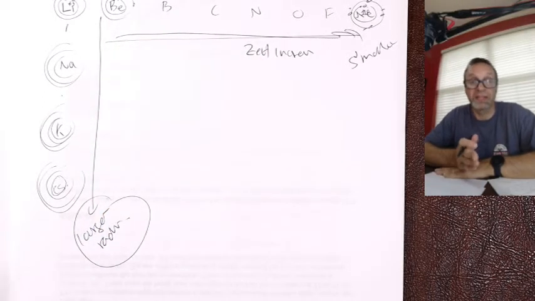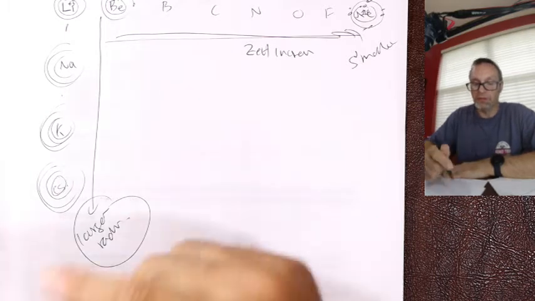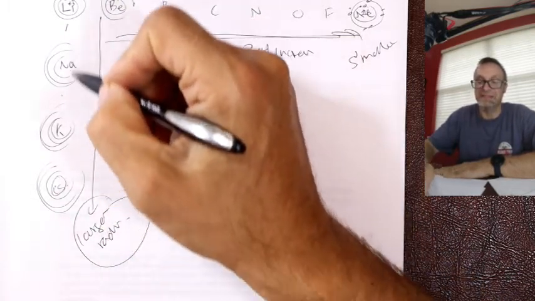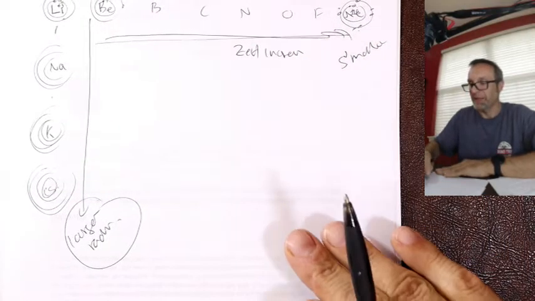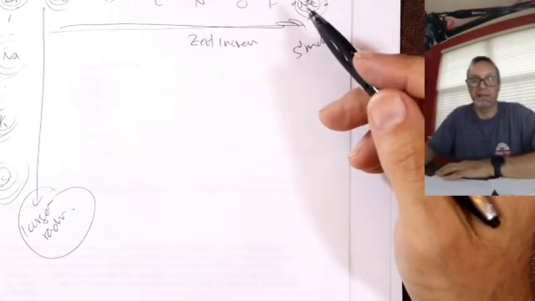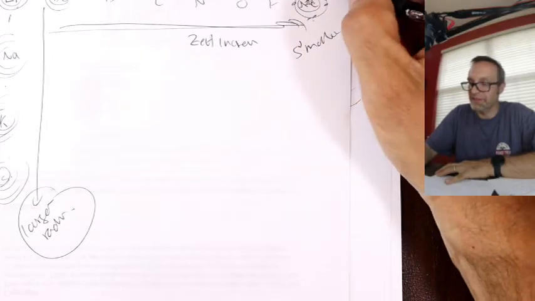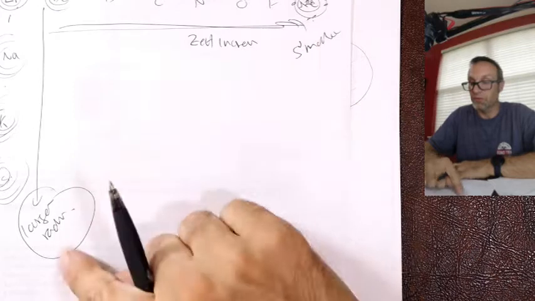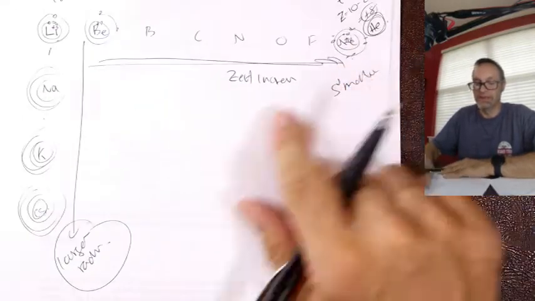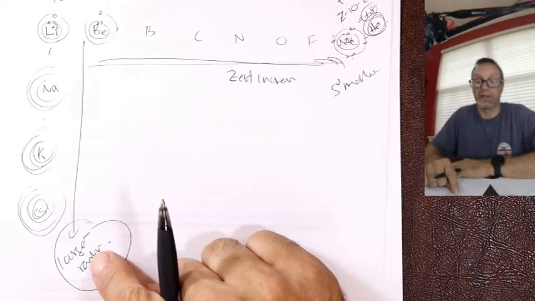Francium and cesium are the biggest atoms in nature. Where's the smallest? Well, it's going to be top, because there's less layers, and it's going to be right because of the contraction. You may be saying to yourself, well, it's going to be neon. Well, no, it's not. It's actually an atomic trend. It's going to be helium. So helium's the smallest, top right. Cesium, francium are the biggest, bottom left.